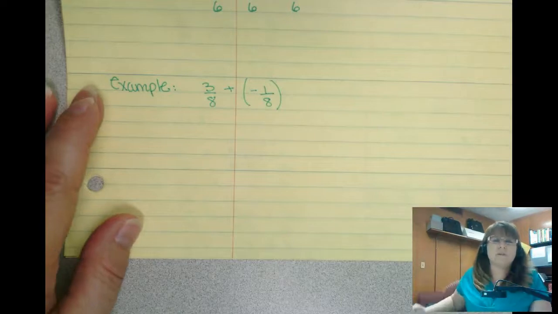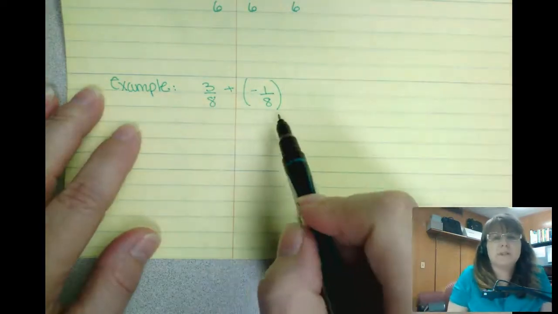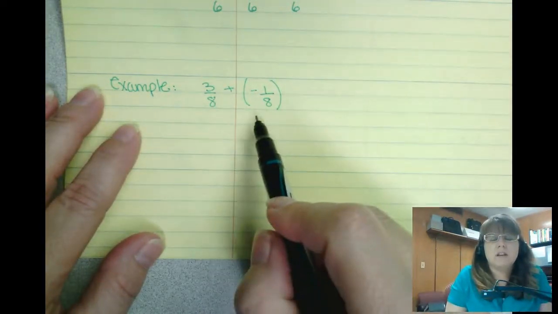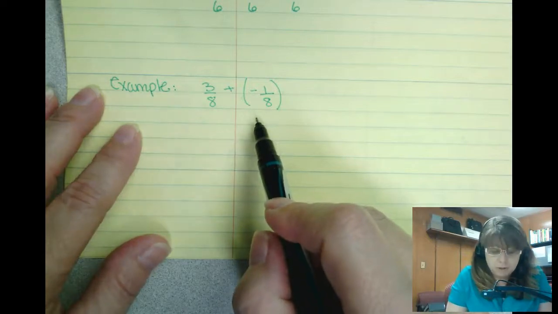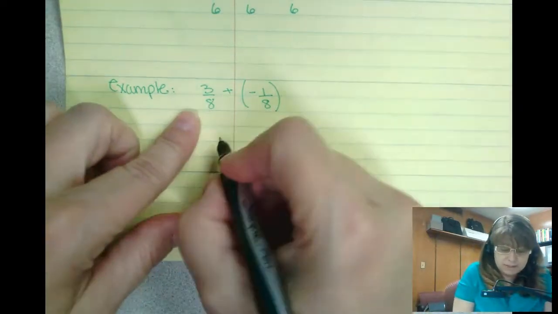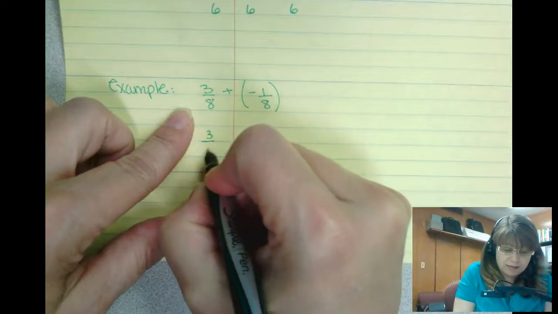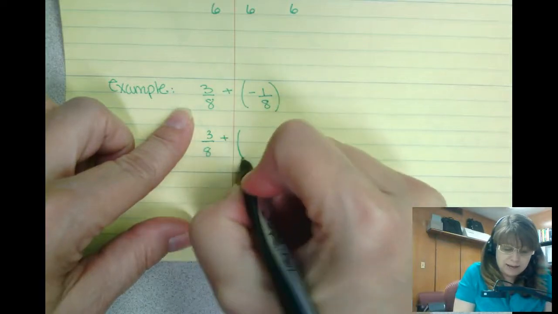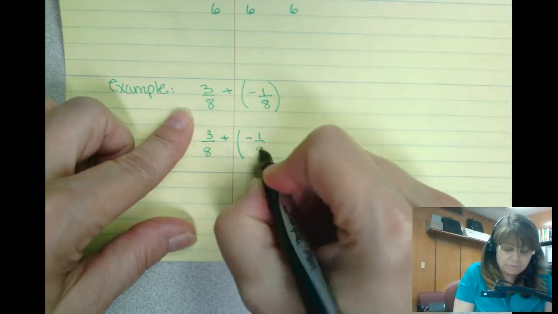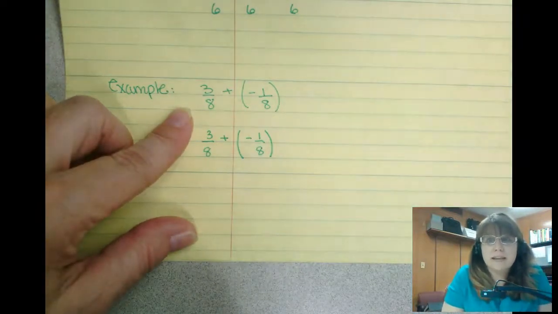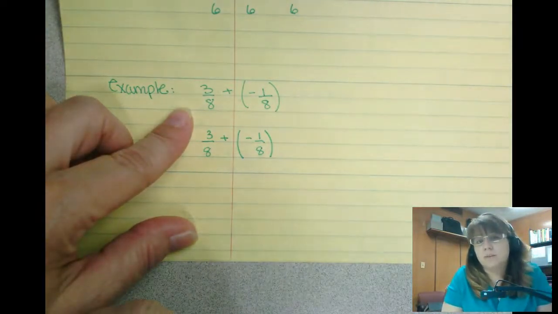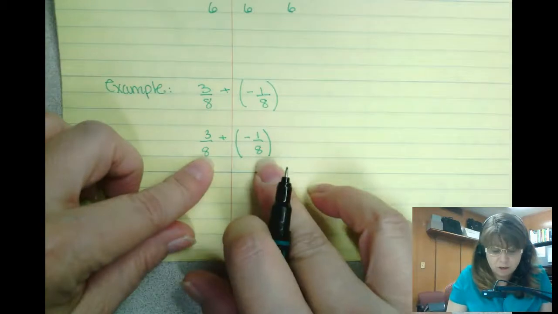Now remember, if you are working with negative numbers, just look at the denominators. They are the same. So this problem of 3/8 plus a negative 1/8 just follows the same addition and subtraction rules of negatives. So they have the same denominator.